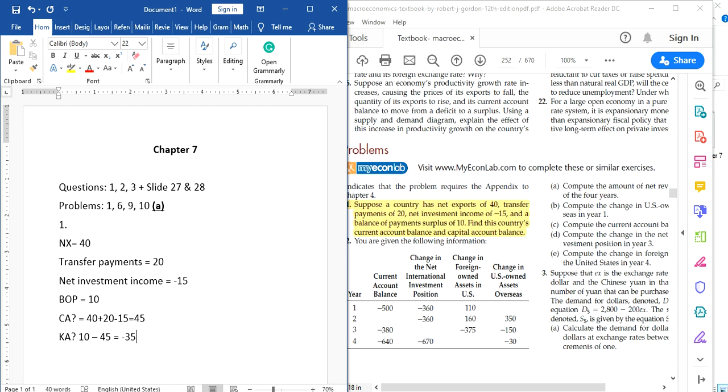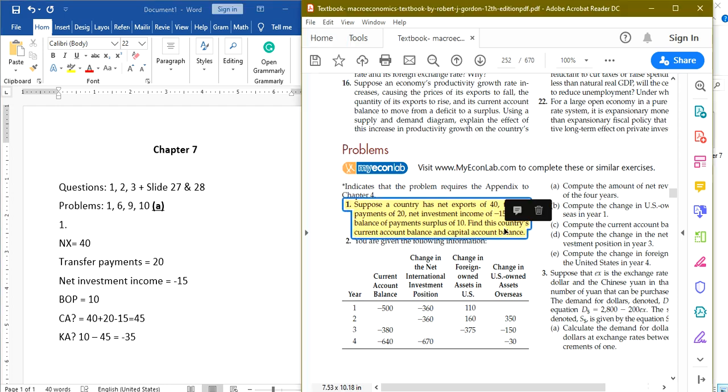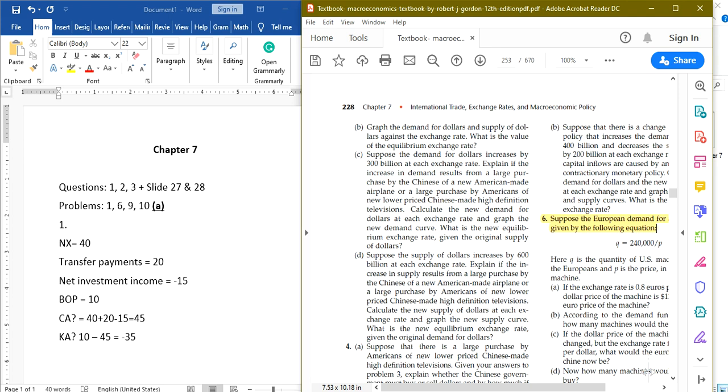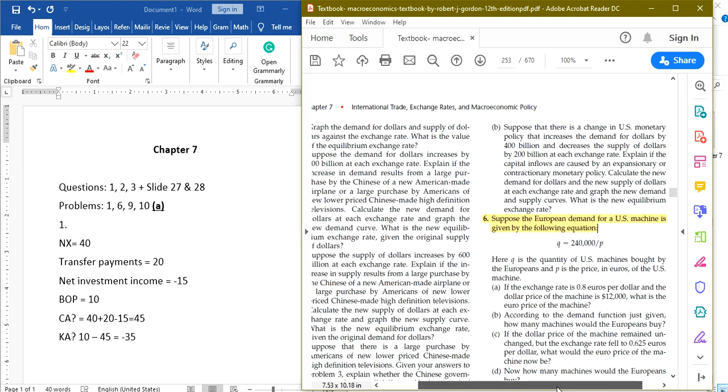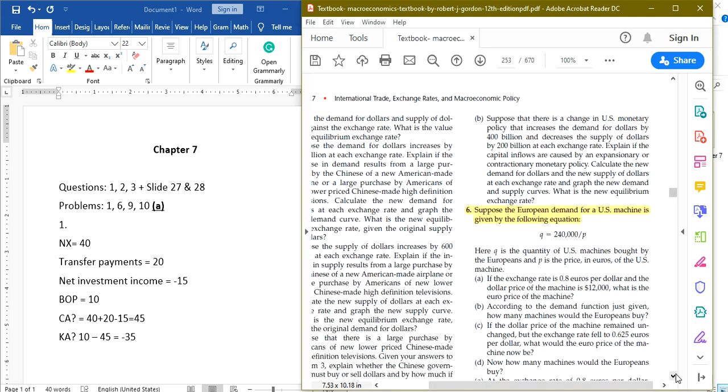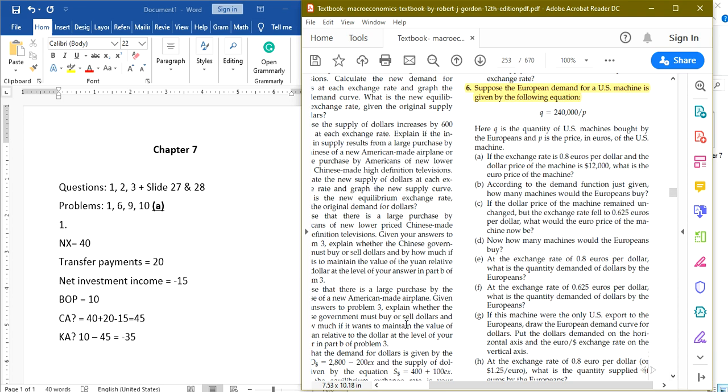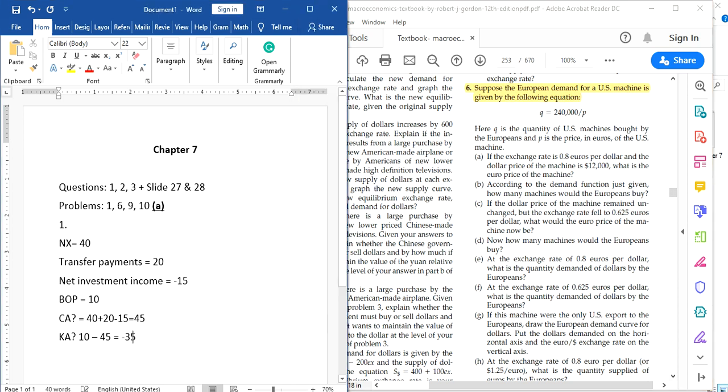So now I'm moving to problem 6. It's a long problem but enjoyable.